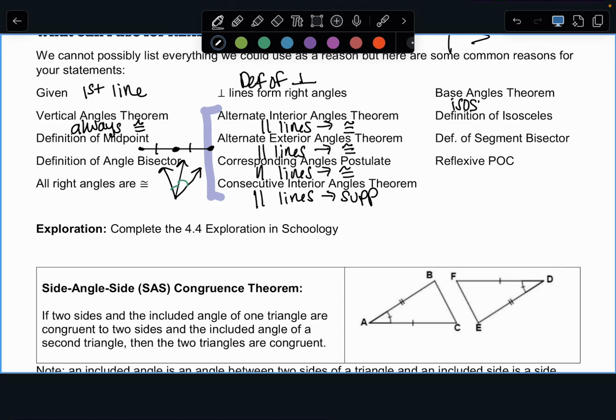Two. So isosceles triangles have two congruent angles. What that means is if you have a triangle and it's isosceles, those bottom base angles are also congruent.